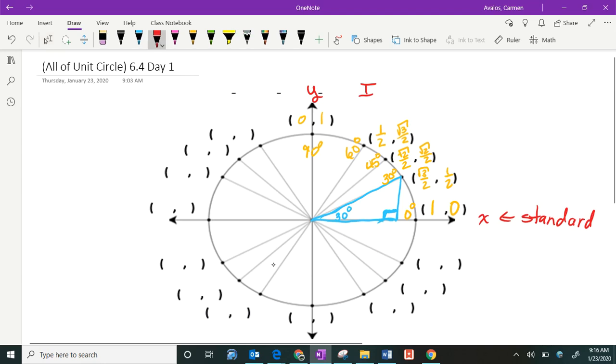So in quadrant one, we know that it still has an x and a y. All the x terms are going to be positive, and all the y terms are also positive because they're to the right and above the x-axis. But we don't call them x and y anymore. What we do call them is the x is going to be the cosine, and this one here is going to be the sine.